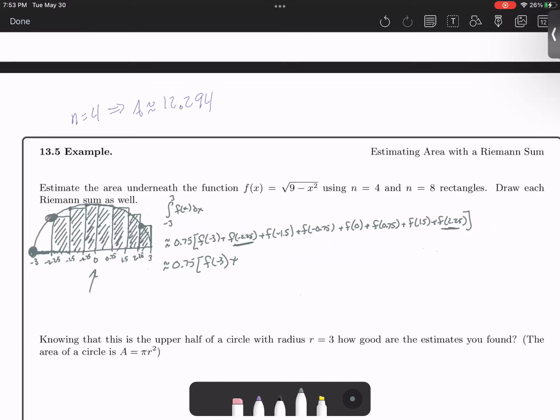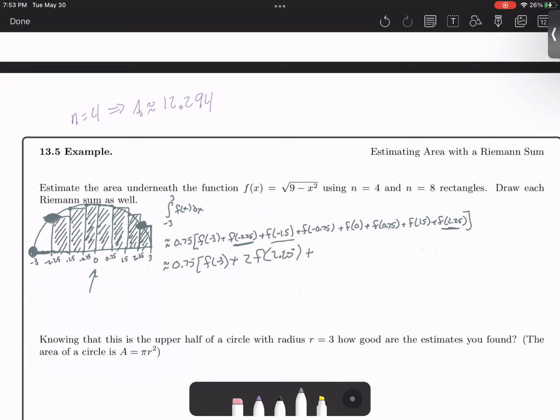This point right here is the same height as that point right there. So I really have 2 of the function at, I can just choose one, -2.25 or 2.25.